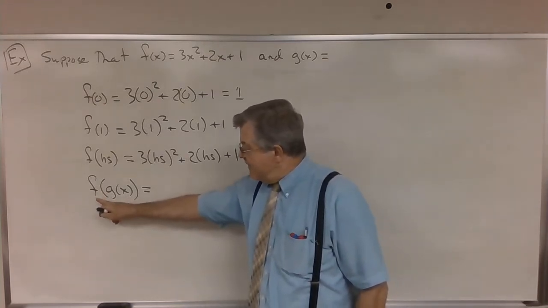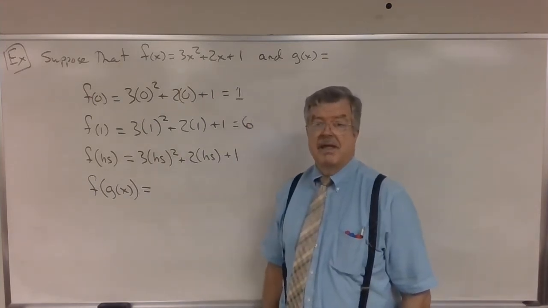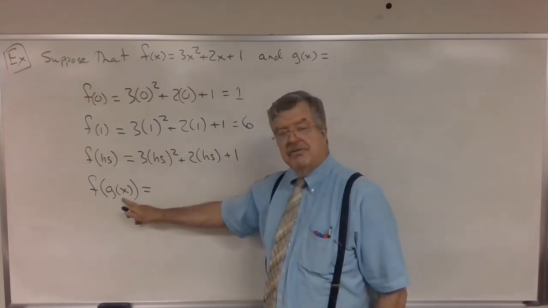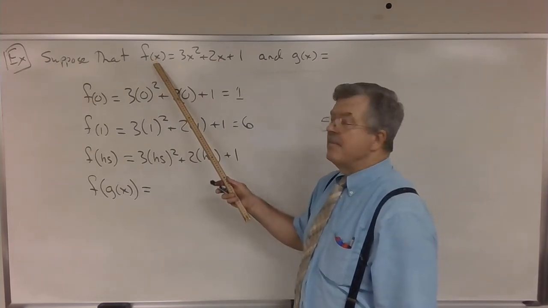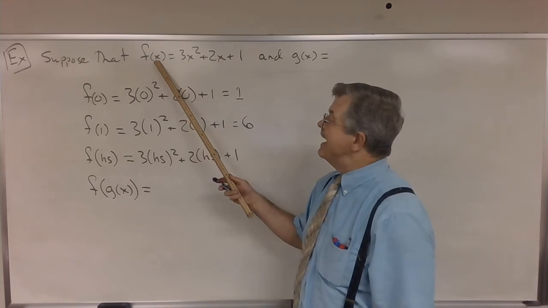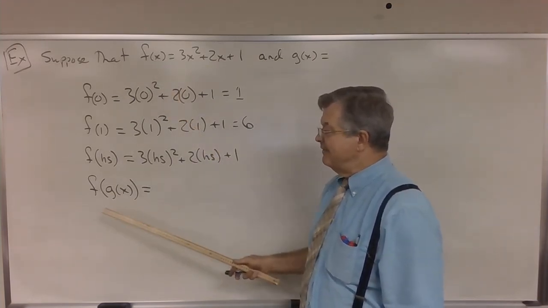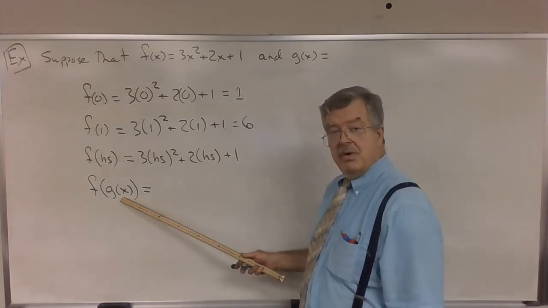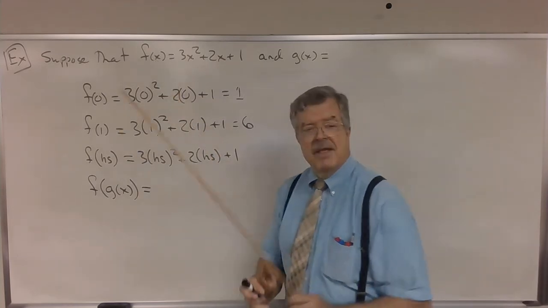This is f evaluated at g of x, which means that down here, g of x plays the role that x plays up here in our model, f of x. Because in our model, this is f evaluated at x. Down here we have f evaluated at g of x. g of x plays the role down here that x plays up here in our model.